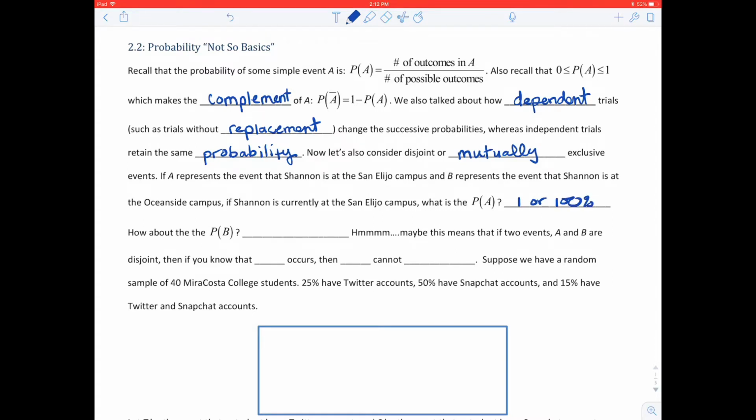Cool? How about the probability of B? If I'm at the San Elijo campus, can I be at the Oceanside campus? No. Okay, so that would be 0 or 0%. This means that if two events, A and B, are disjoint, then if you know that A occurs, B cannot occur.